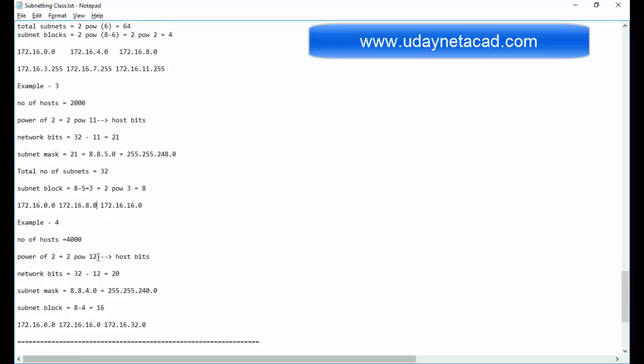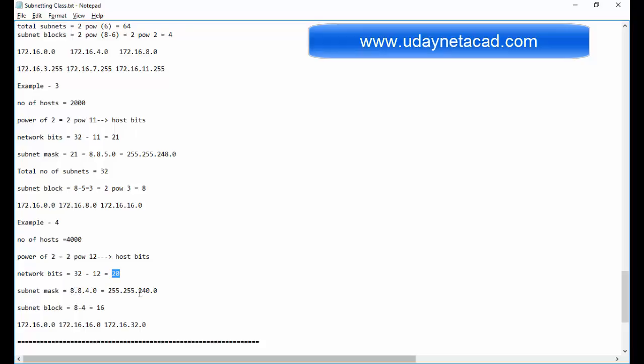Next example, if the required number of hosts is 4000, then 2 to the power of 12, 12 is the host bits. 32 minus 12 is 20, and the subnet mask is 8, 8 and 4.